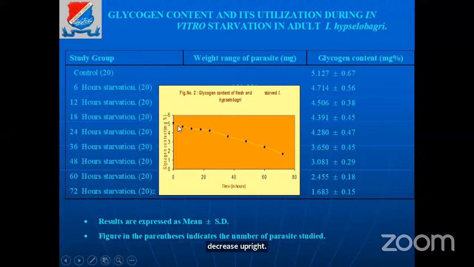Up to the 24 hour period it is slowing down, not so gradually decreasing, but after 24 hours they utilize their glucose and glycogen much more for their survivability. So they are utilizing their glucose and glycogen during their starvation period.